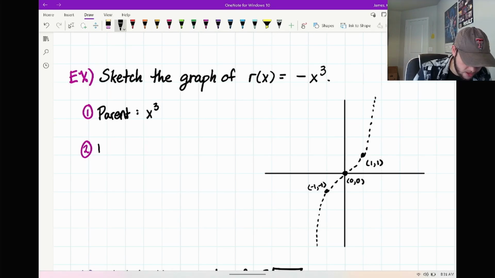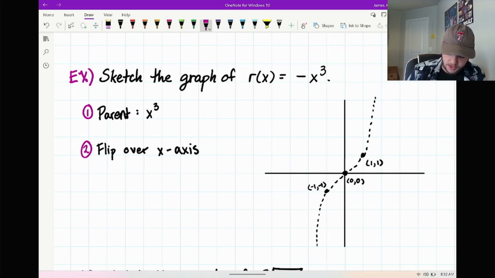So, I want to flip over the x-axis. How do I do that? I want to bring everything over the x-axis. What that entails mathematically is changing the sign on the output, right? That's literally what this guy is telling me to do. Start from x cubed, but change the sign on the output.